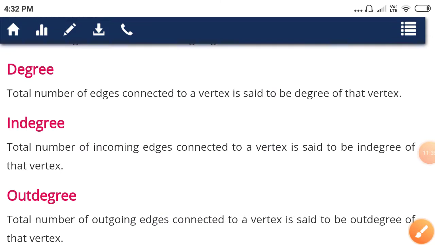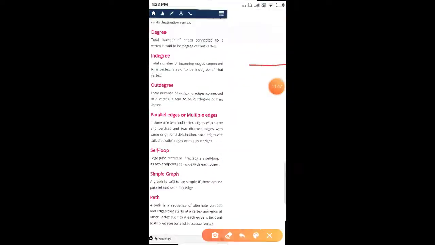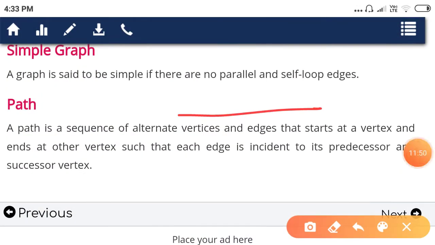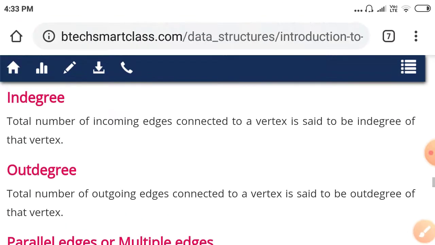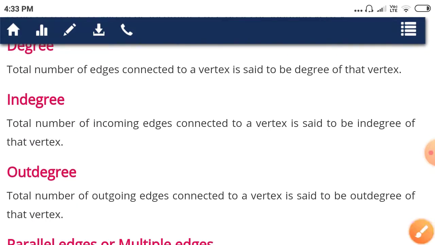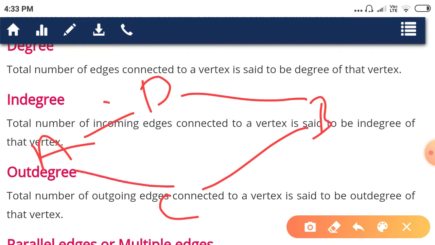Now in-degree. Here a directed graph is there.